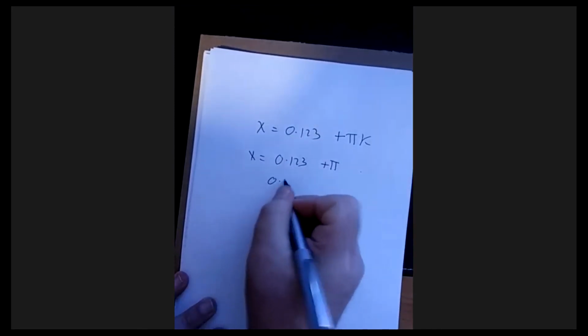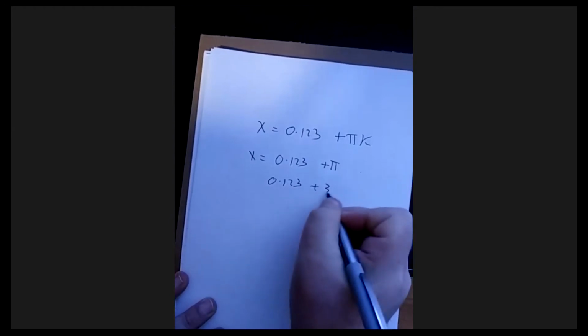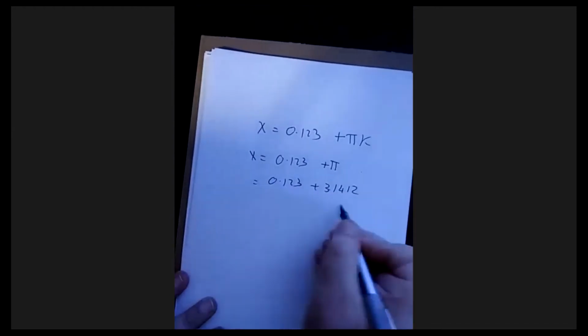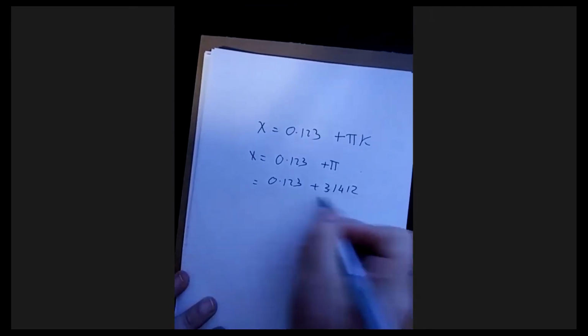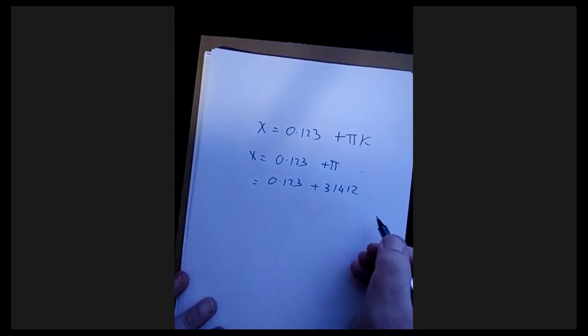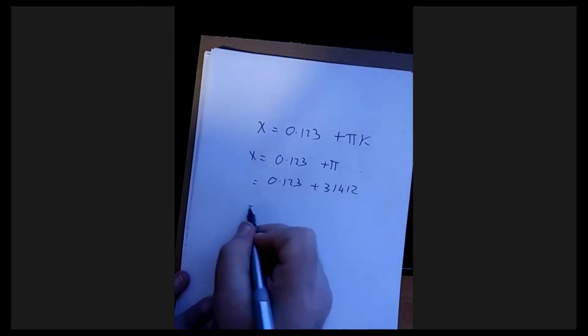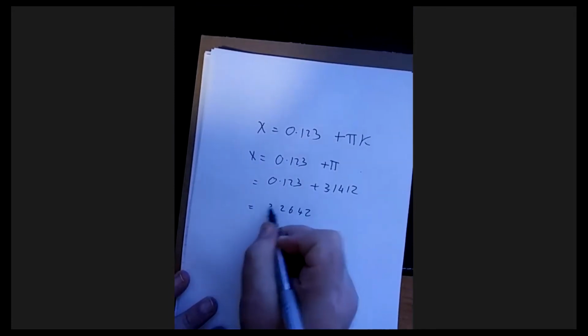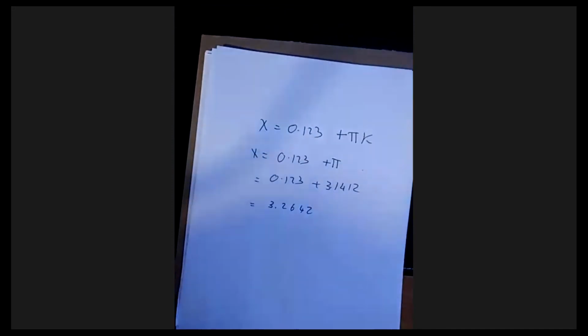Pi is on your calculator, but roughly it's 3.1412. So you just add them together in the usual way. And what would you get? 3.2642. I thought isn't there a different way to do it with sine and cosines? Well, when it's sines, you add 2 pi. And when it's cosines, you add 2 pi k.